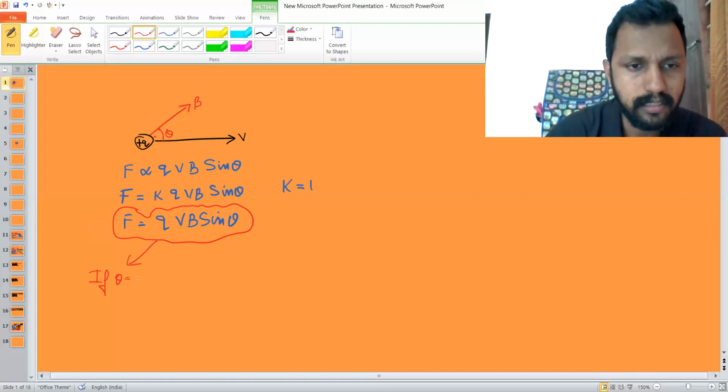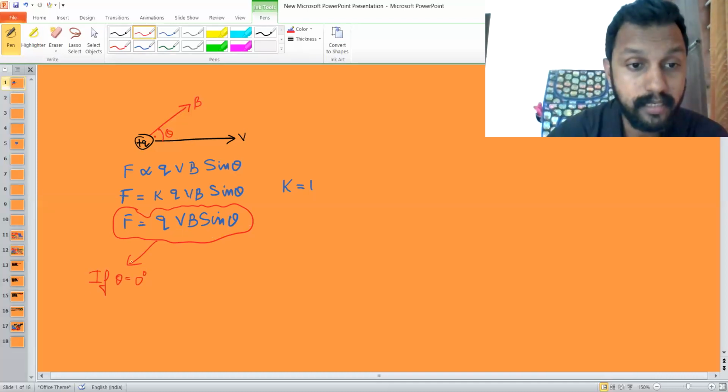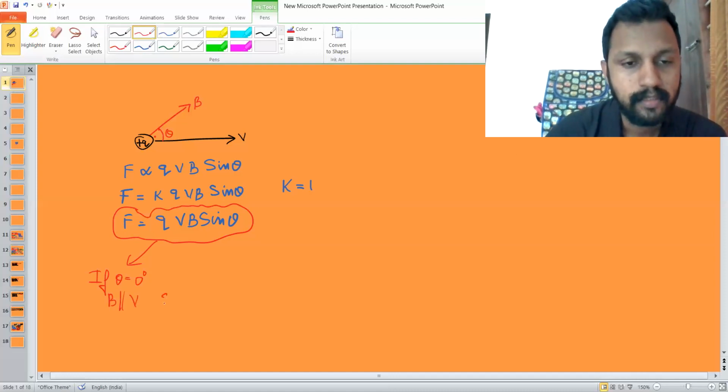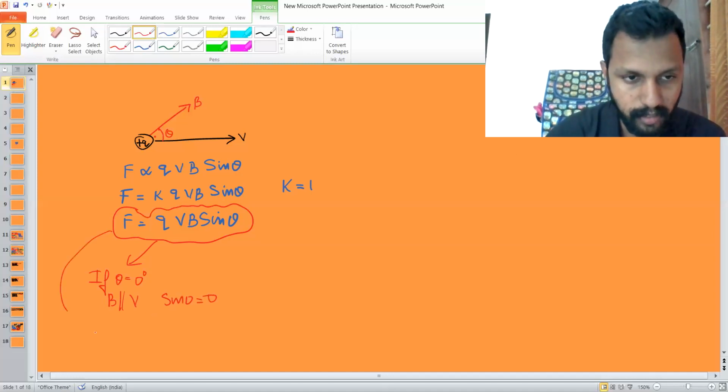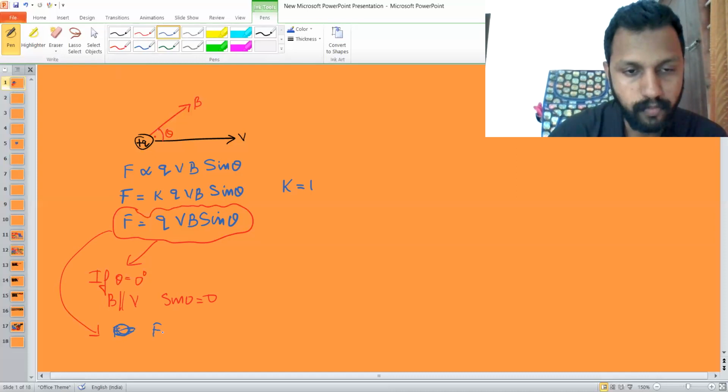If theta is equal to 0 degree, that is, the magnetic field is parallel to velocity, then sine 0 value will be 0. As a result, F is equal to QVB into 0, that is 0.